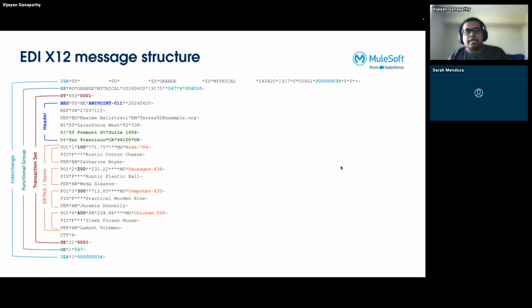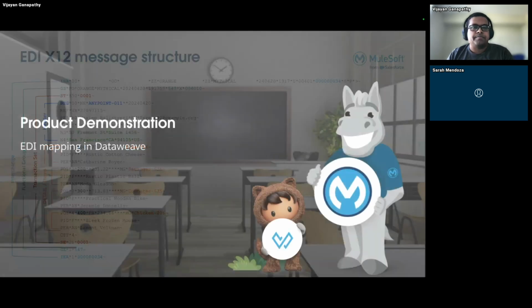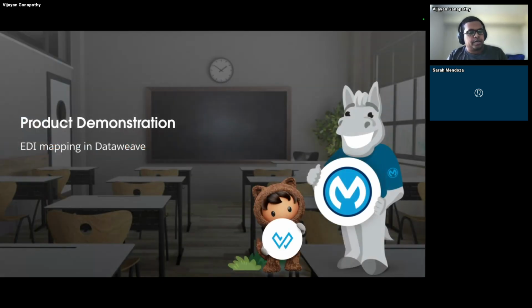With this understanding, and I'm sure this was repetitive for a lot of folks that have been doing EDI for a long time, it was just to ground everyone on the call on what an EDI message looks like. Now let's get straight into looking at how we can perform EDI data transformations in DataWeave in Anypoint Studio.